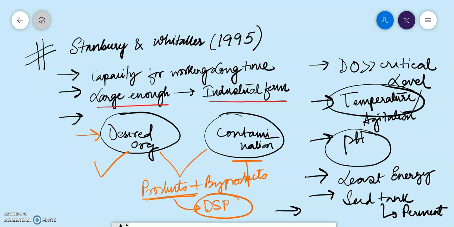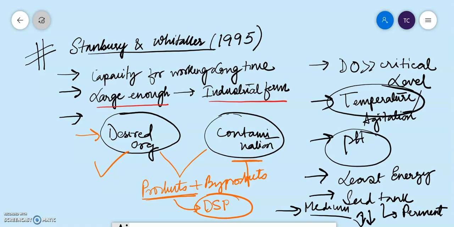So there has to be proper sealing in the fermenter, such that the medium does not evaporate. This is the total prerequisite for the design of a fermenter, which is given by Stanbury and Whitaker.